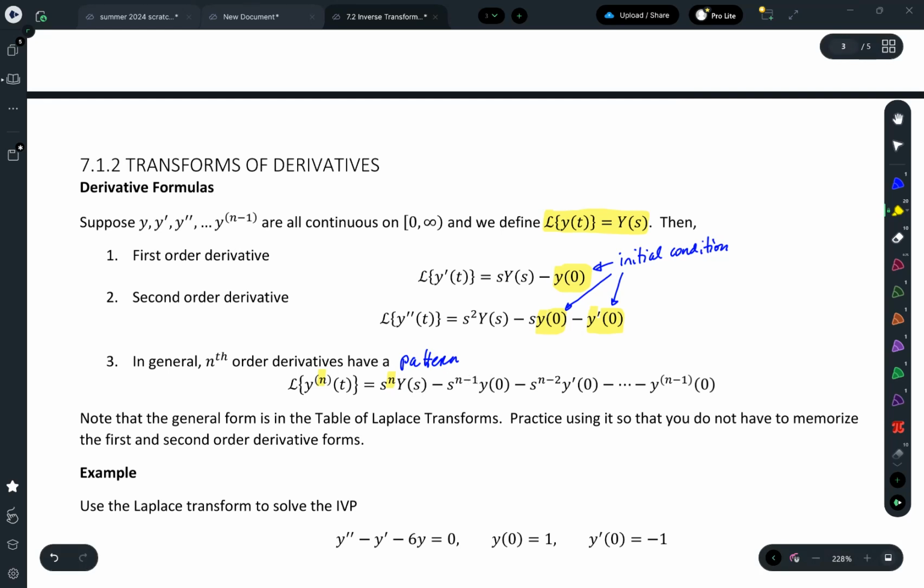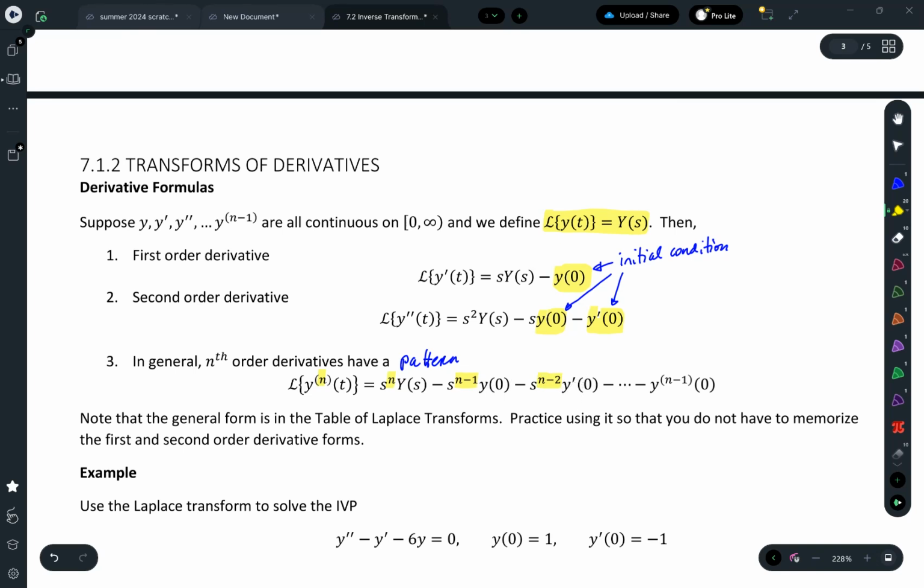Okay, so then in the next step, we subtract s raised to 1 less than the order of the derivative times the lowest order initial condition. So that would be little y of 0. Then the power of s goes down again, and the order of little y goes up.